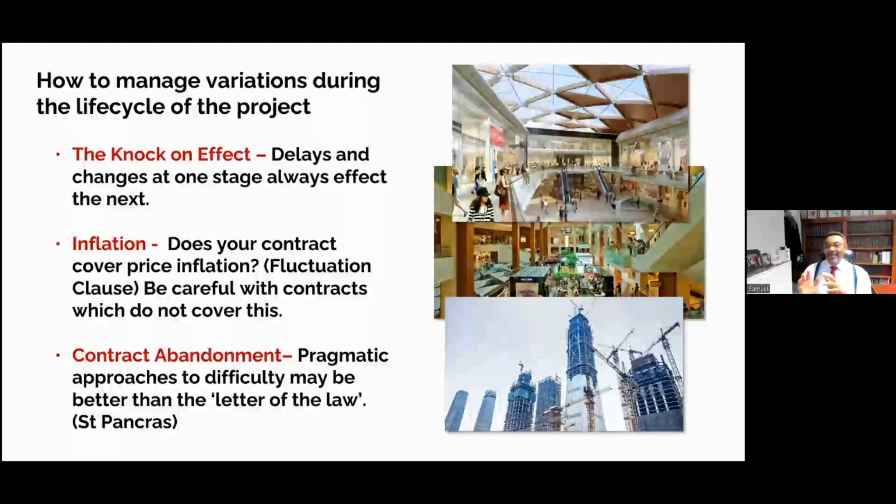The concept of get it done first and worry about it later is tantamount to a dispute, because when the variation has arisen, you need to record it contemporaneously, acknowledge it contemporaneously, and try and quantify it contemporaneously.